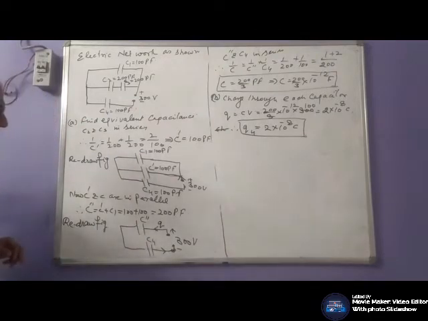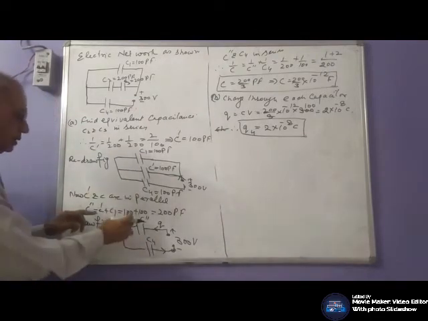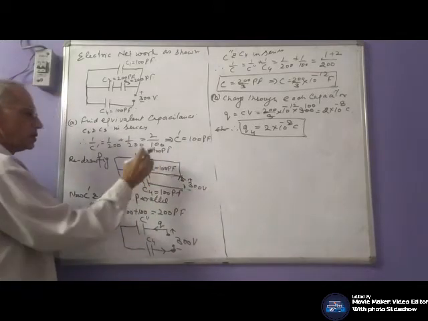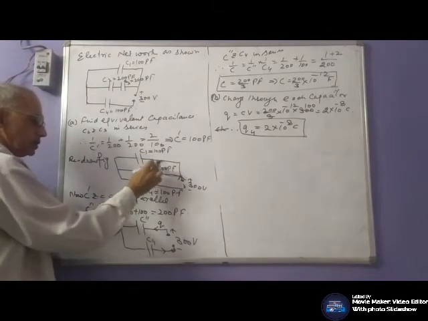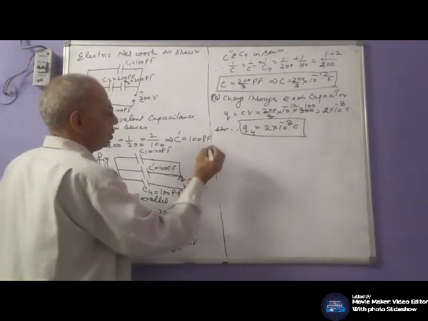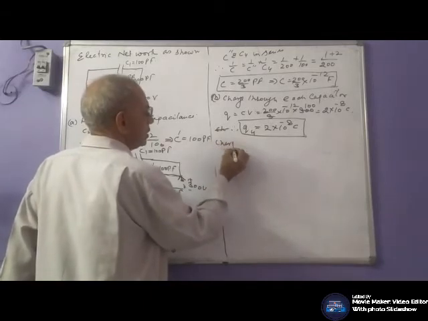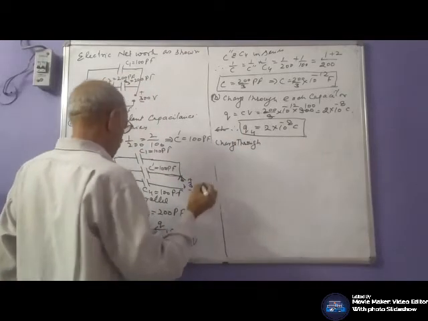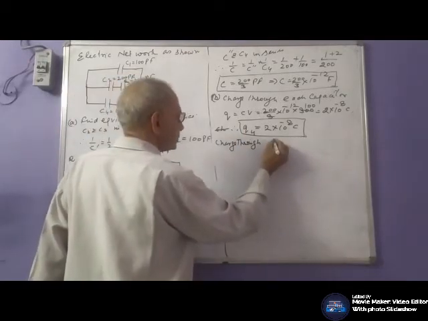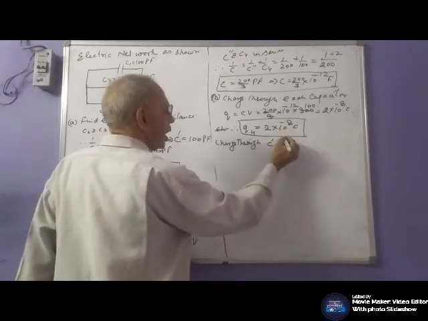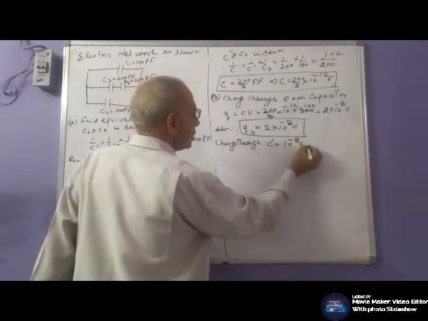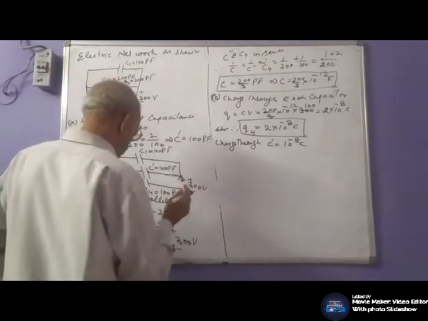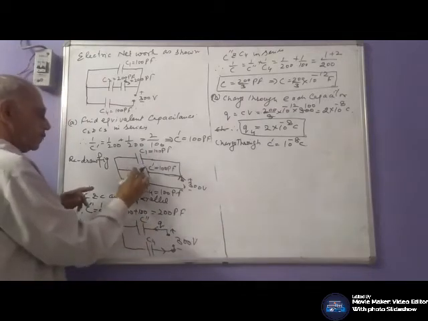And what is C dash? C dash is this one and this one. There are two paths for charge, with same capacitances. Charge through C dash divides half and half.